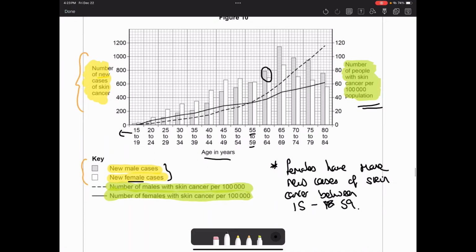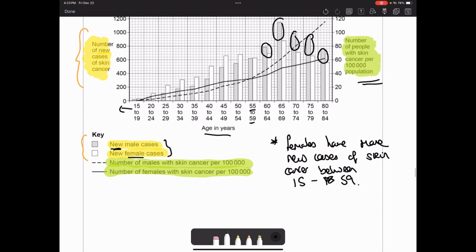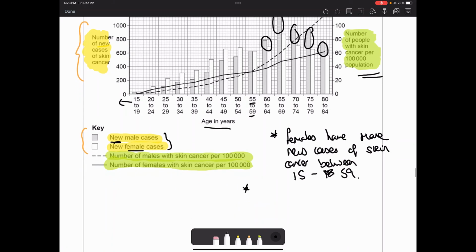Okay, then I can see after 59, actually all of the grey bars are bigger. Okay, which means that the males are then having more cases of skin cancer. So that could be my second conclusion.